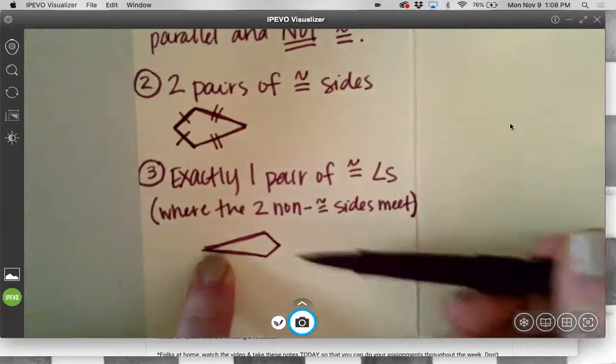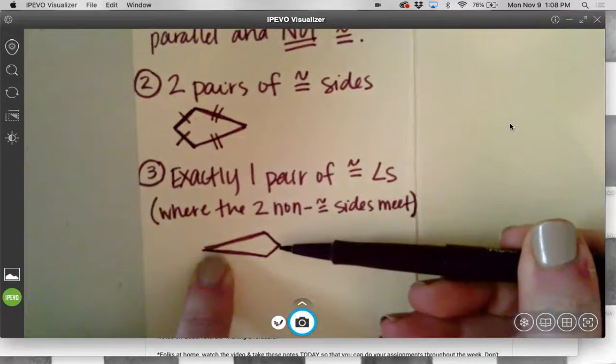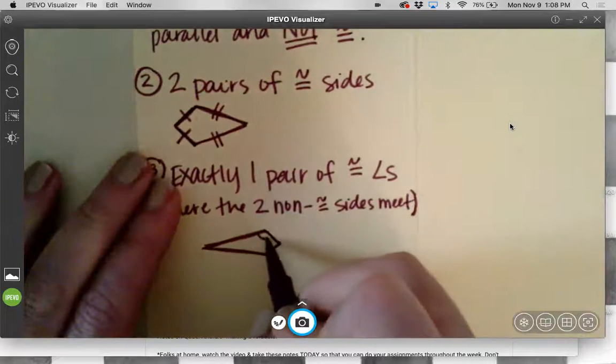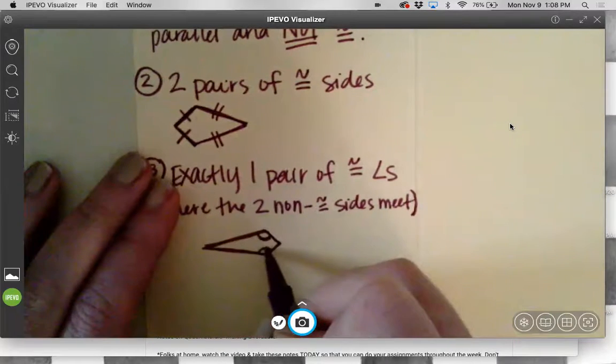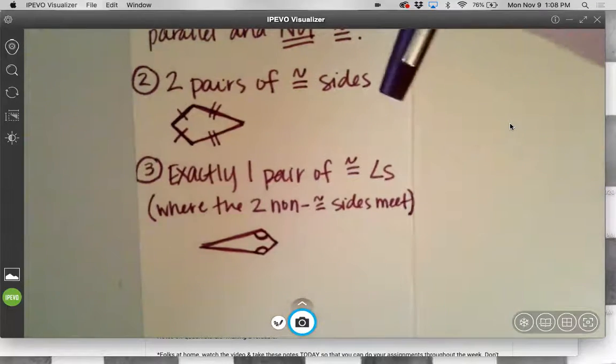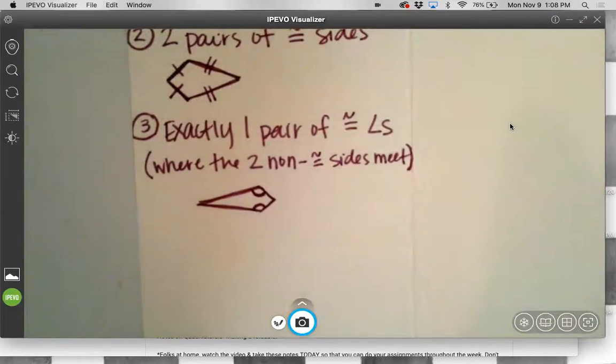And even though this other one over here might be a right angle, but it might be acute also, they're not anywhere near the same size. The ones that are the same size are the ones on top and bottom. So let's mark this here, mark this here. And that's always where they're going to be. Where the two non-congruent sides meet, you have congruent angles.